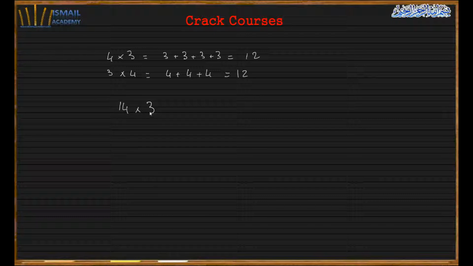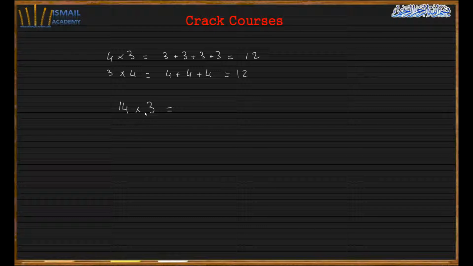So for example, if I want to multiply 14 times 3, I'm not going to just write down 14 three times. There must be a way we can multiply without using addition.